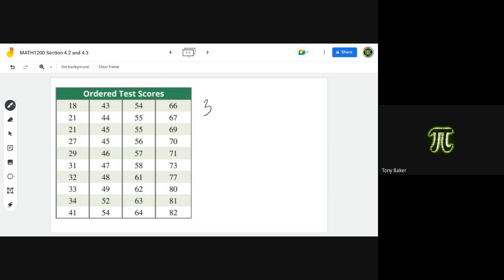Let's do 37. So 40 times 37 over 100. That should not come out to be a whole number. What does it come out to be? 14.8. So we're going to look at the 15th number.